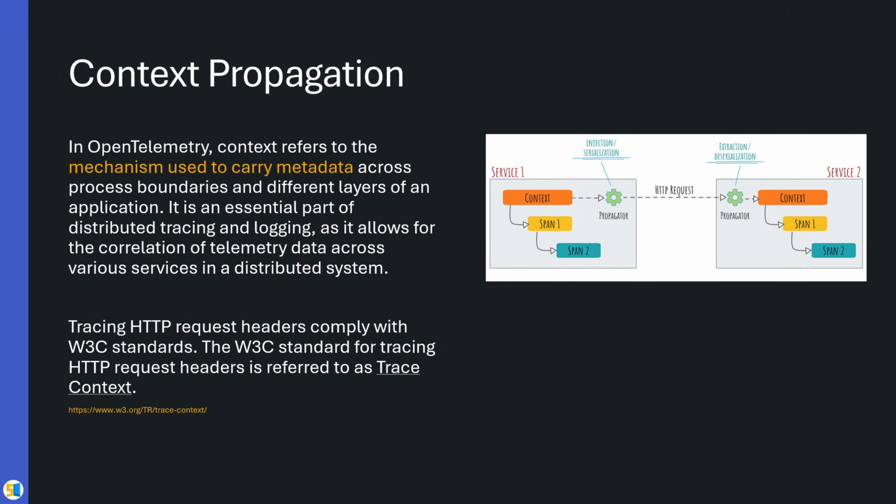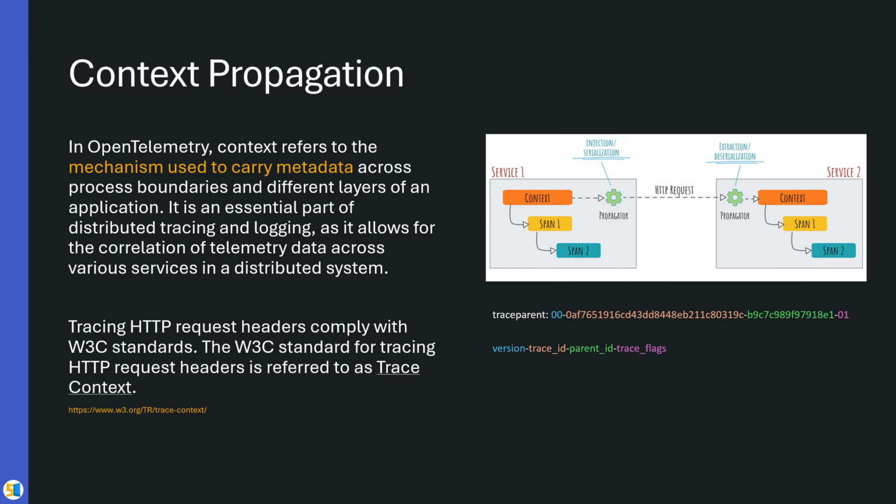And to do that, we need to inject the context propagation when sending the request, and that context propagation will be sent via HTTP headers. And then when service 2 receives that request, it will extract that propagation and use that to propagate the spans that it will use in its own trace.